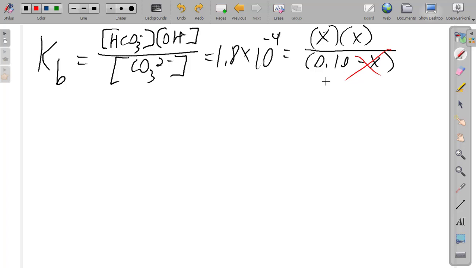If I ignored it and did the calculation versus if I left it there and went through all the trouble of the quadratic, my answer is going to end up being the same significant digits anyway. So why bother?